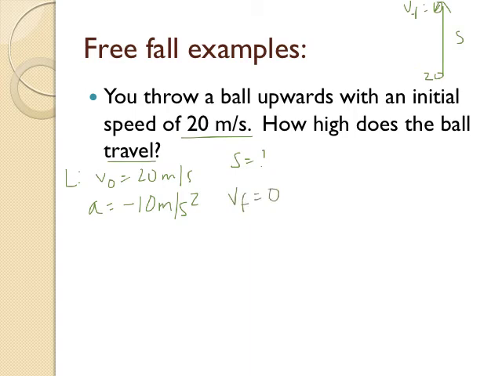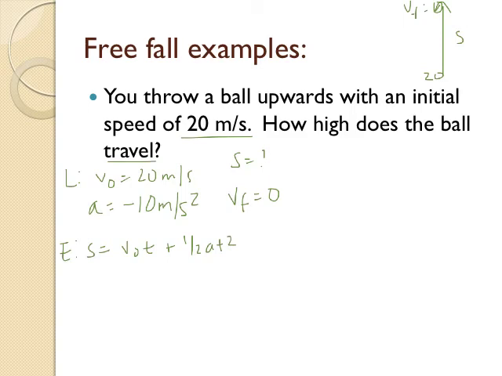VF equals 0. Initially, your gut reaction is going to be, oh, I want this one. S equals VOT plus 1/2 AT squared. Except, what don't we know? Hopefully you are telling me we don't know time, plus we don't know our distance.